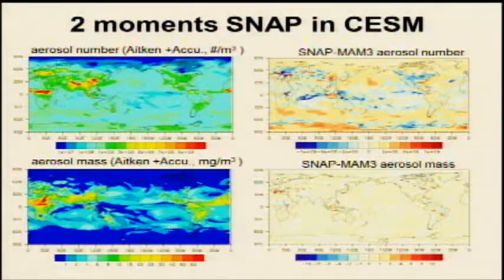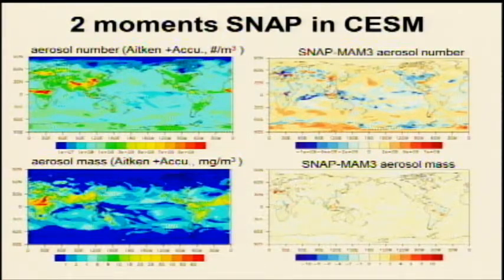We also incorporated the aerosol scheme into the CESM. Okay. But for comparison purposes, the current CESM model uses a modal size distribution, but with only 2 moments. So in order to compare with them, we also reduce our scheme to 2 moments for comparison. And this is the simulated aerosol number concentration.